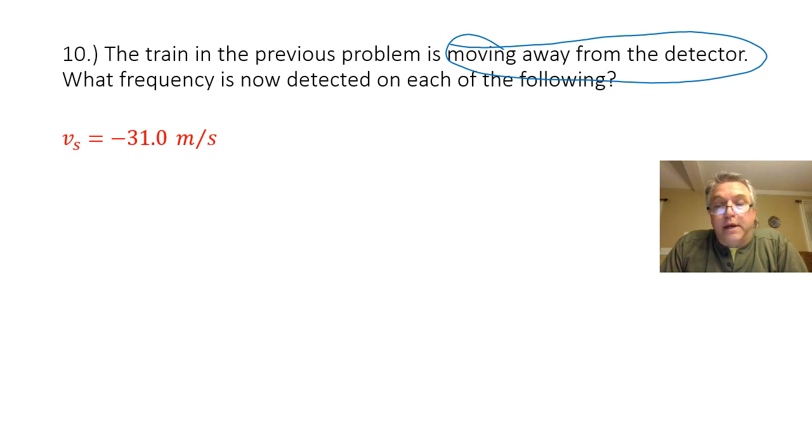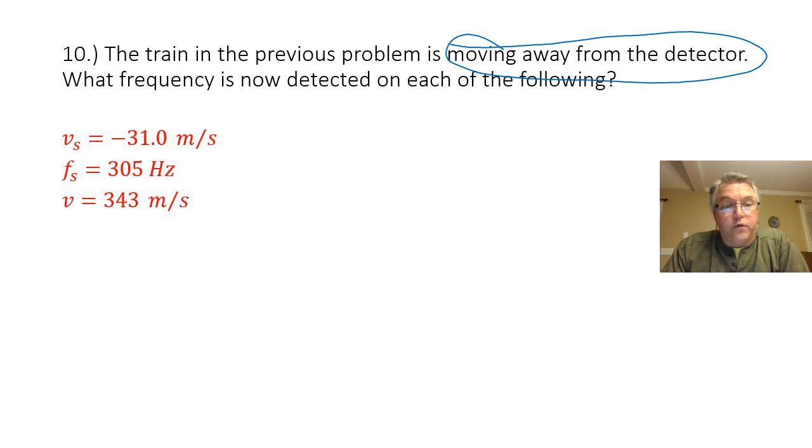So it is going to be a negative velocity, so negative 31 meters per second. The frequency of the source is still 305 hertz, and we are still assuming room temperature of 20 degrees Celsius will give me a velocity of the sound wave of 343 meters per second.